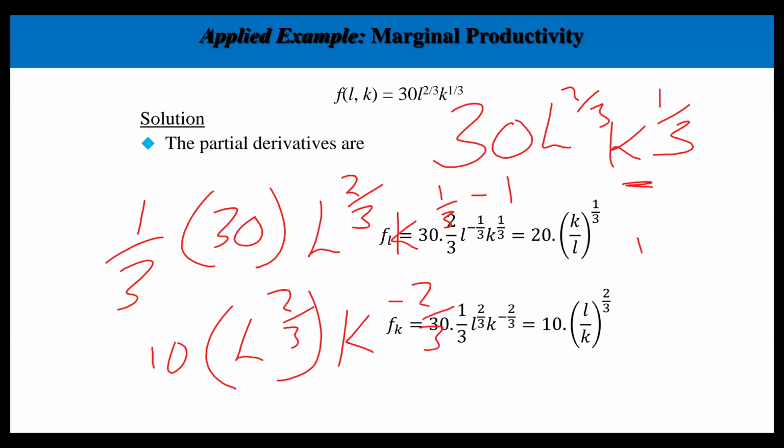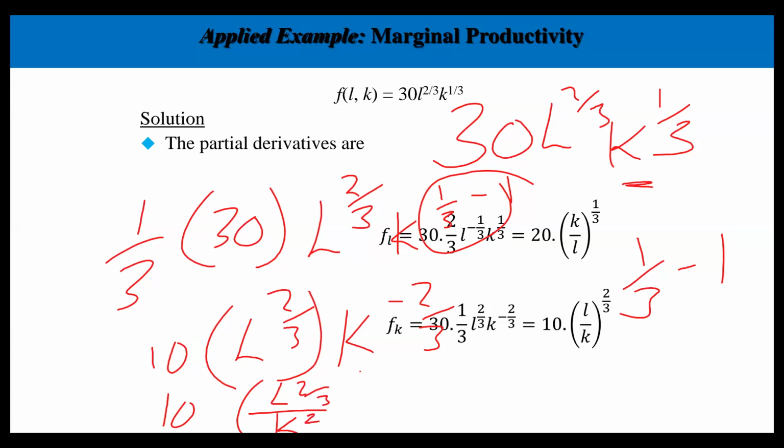Because 1 over 3 minus 1 gives us negative 2 over 3. And at that point, we know that we can still rewrite this. Since K has a negative power, we can bring it under the denominator. So we can have 10 multiplied by L to the power 2 over 3 divided by K to the power 2 over 3, and we know that they now share the power.